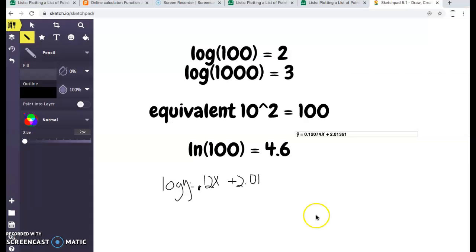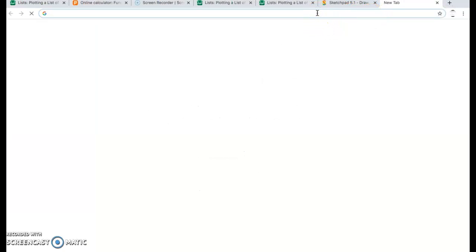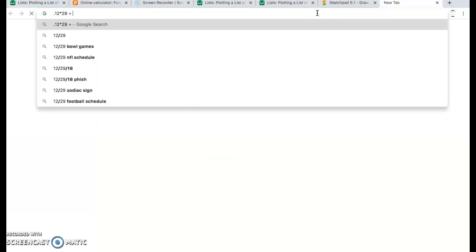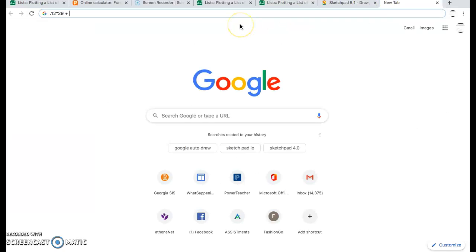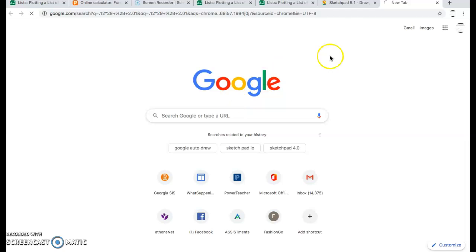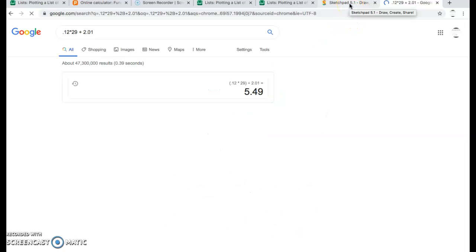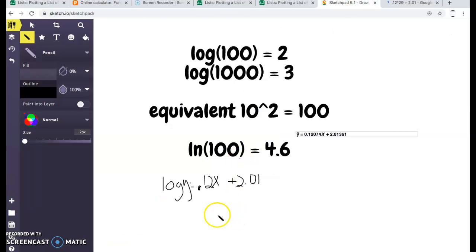So x equals 29 goes into the equation with 2.01, and that gives me, yeah, I can't get the TI-84 on this Mac, so that's why it's kind of clunky, log y equals 5.49.